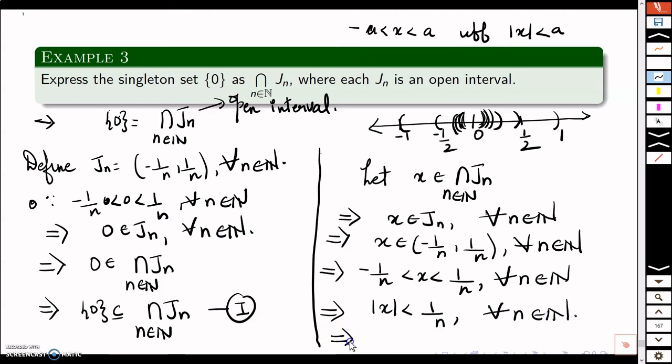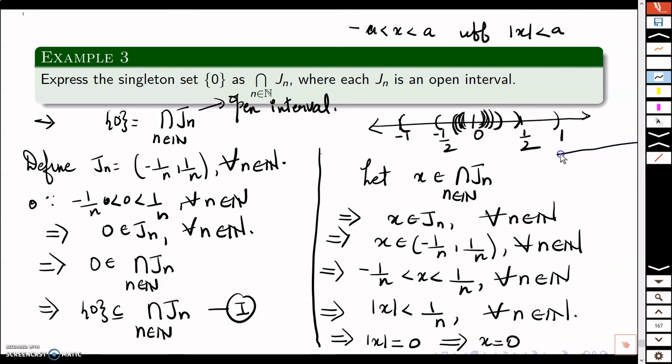So I have |x| which is a non-negative number, and it is less than 1/n for every natural number n. So the only possibility for |x| is that it is equal to 0. And if |x| is equal to 0, the number x itself is 0. That means if you start with any real number x in the intersection of all the Jn's, that has to be equal to 0. Clear?